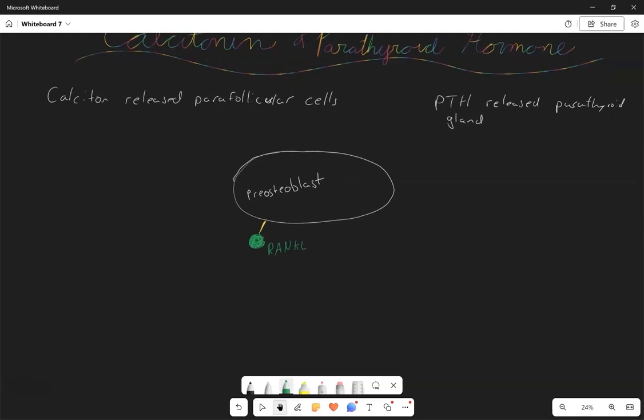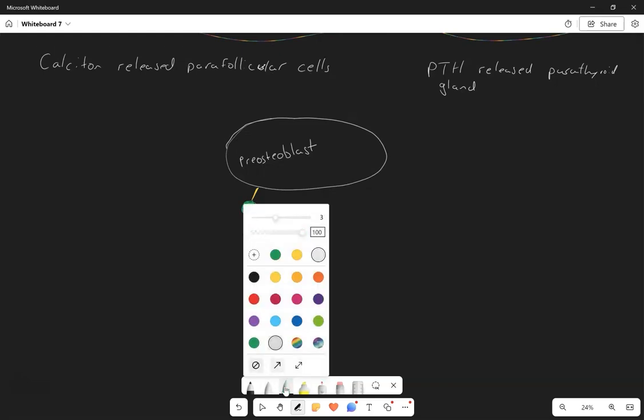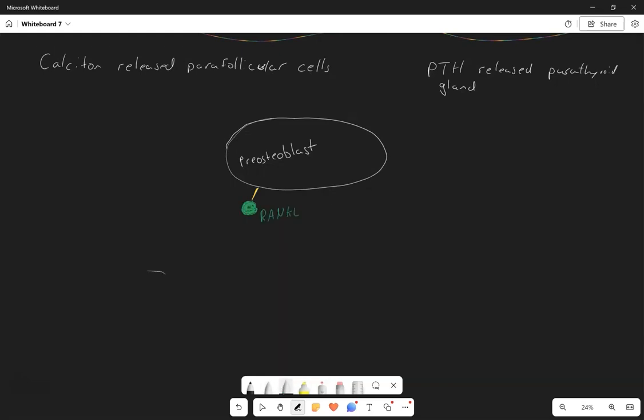So if we look at this pathway, there's going to be another cell. We're going to draw a different cell down here, and this cell is going to be an osteoclast precursor. So it's a clast, meaning it breaks down bone tissue. This is like a stem cell, so it's not fully differentiated yet.